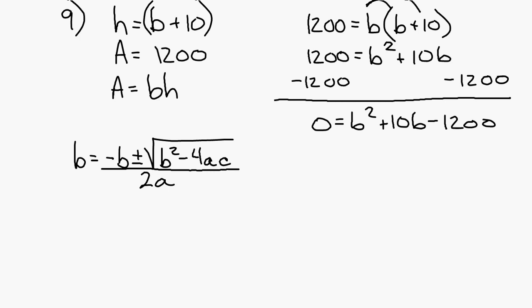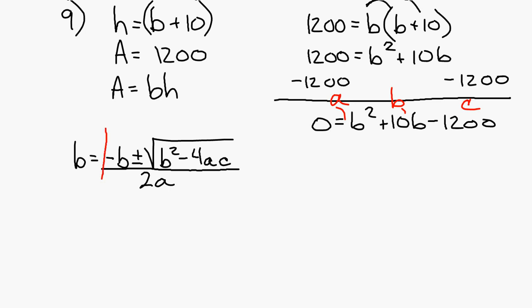Whatever's in front of the b, that's your b. And whatever's out here by itself is your c. So you take those values and you substitute them into this formula.